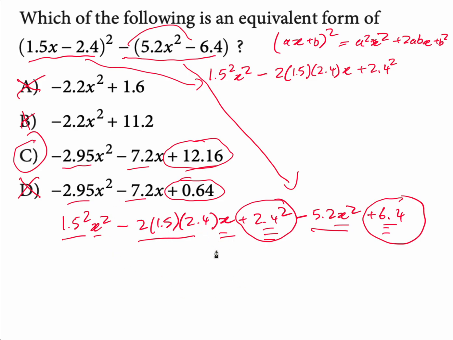You don't have to multiply everything out. Just use the logic, use the reasoning, and use the process of elimination to eliminate the answer choices that you think are not right. Okay, so that's how you should tackle this problem.